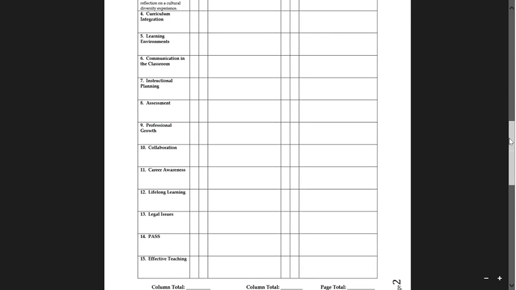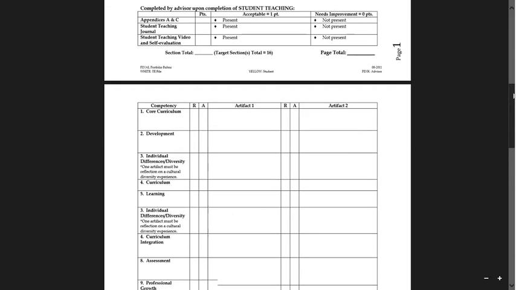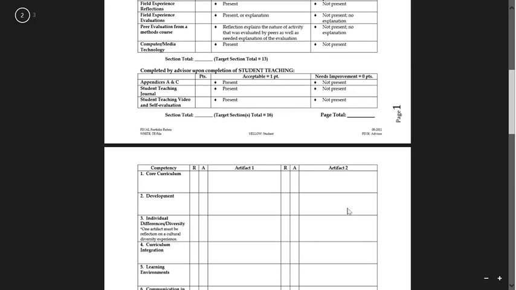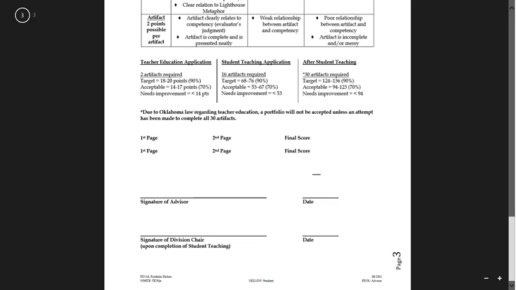And this entire section was labeled completed by the supervisor upon completion of student teaching, so there is something that one might assume would have to do with explicit observable performances related to these competencies, but we don't know that.